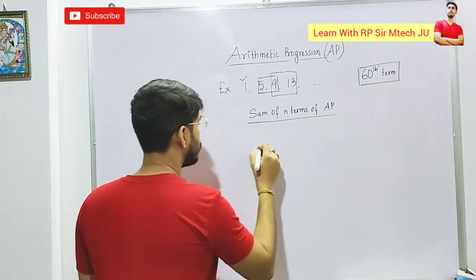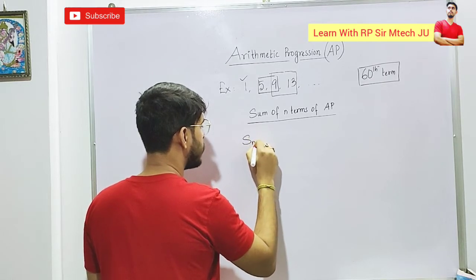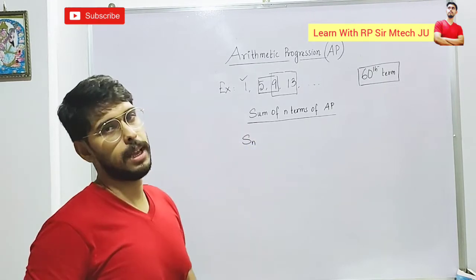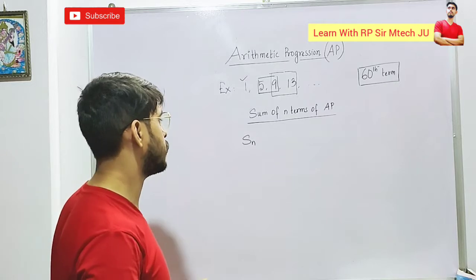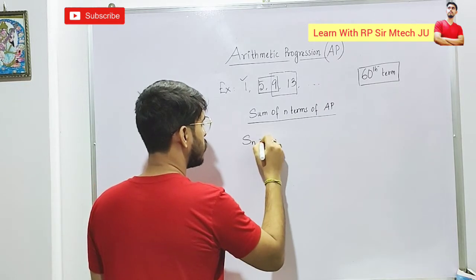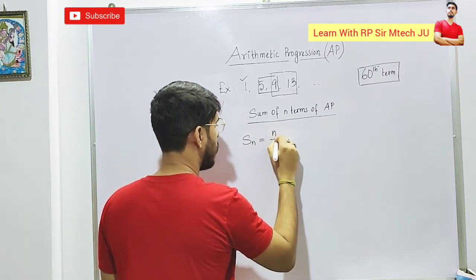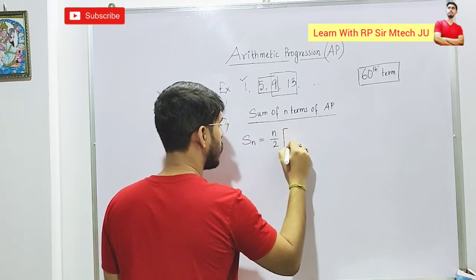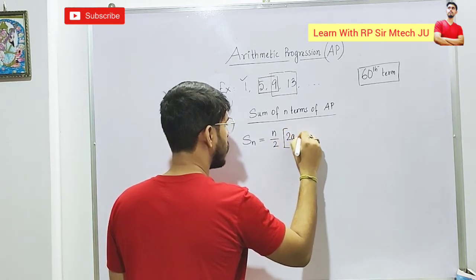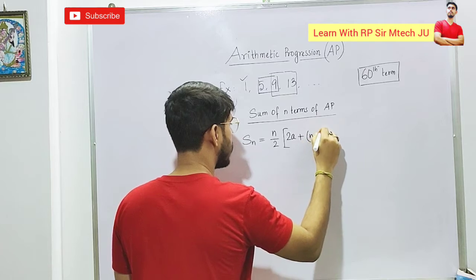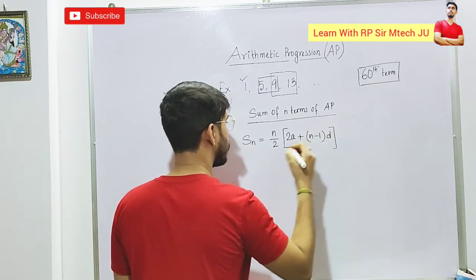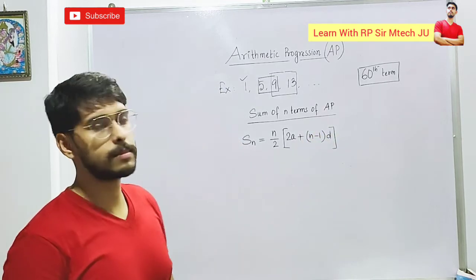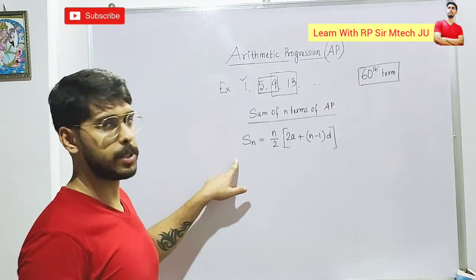So the formula is, we are representing this by Sn. S for the sum, n for the number of terms we are taking. So that will be n by 2, 2 times A plus n minus 1 into D.